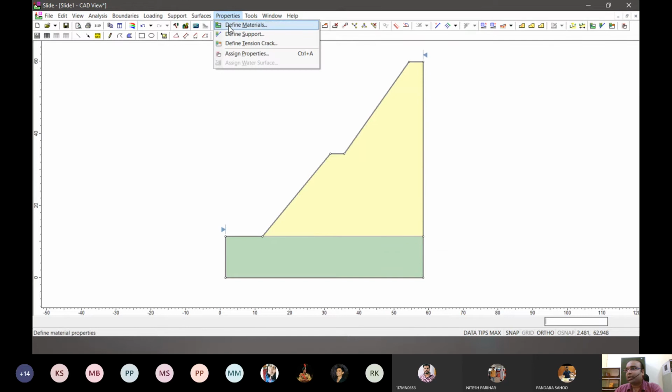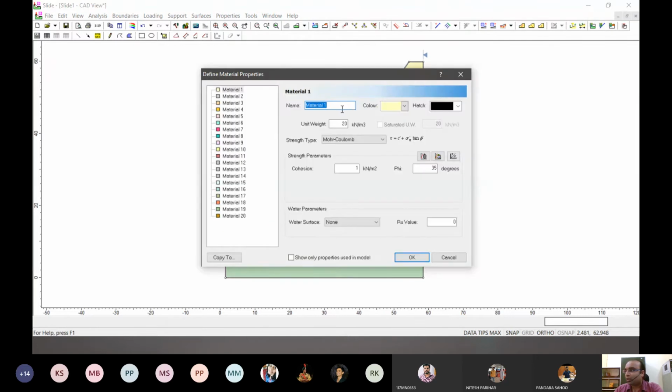So if I define the materials here, and suppose this is dump material again, right? And let's say this is 20, this is 35, and this is 18, right?